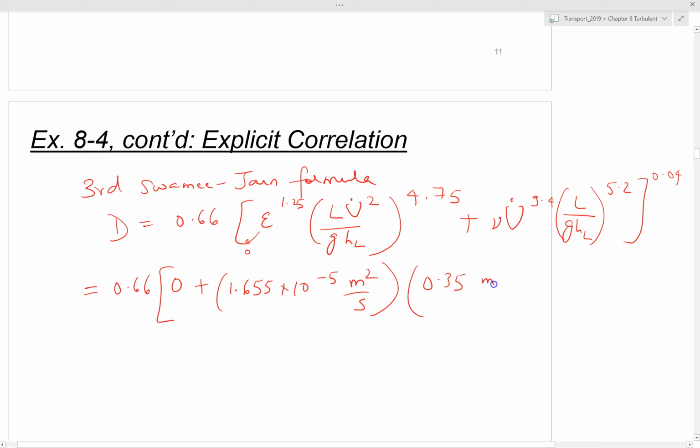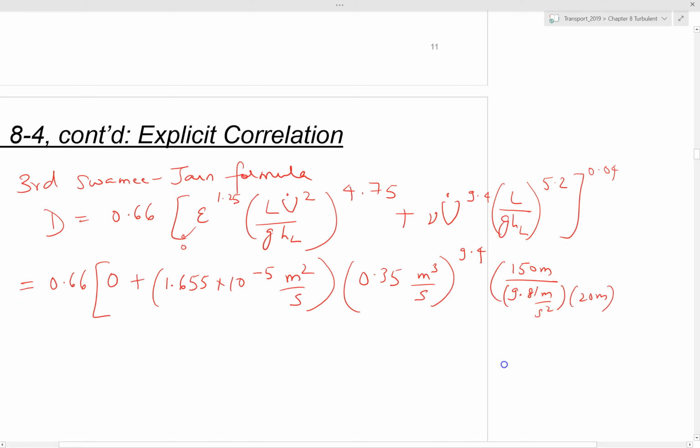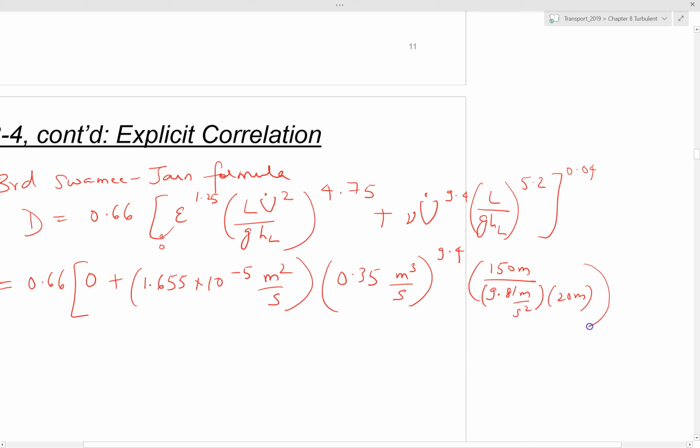The volumetric flow rate is 0.35 meter cube per second, length is 150 meter, g is 9.81 meter per second square, and head loss is 20 meters.